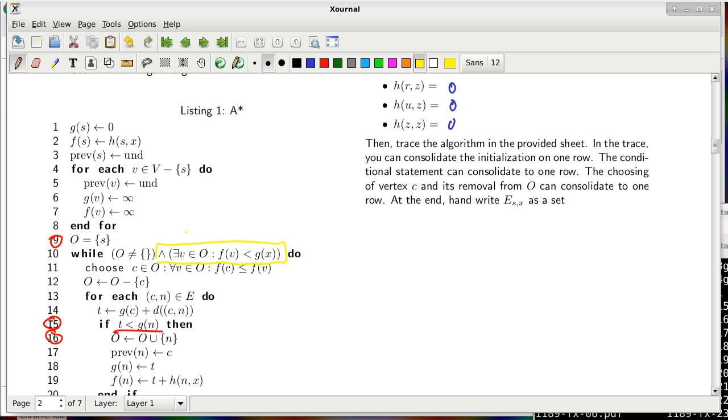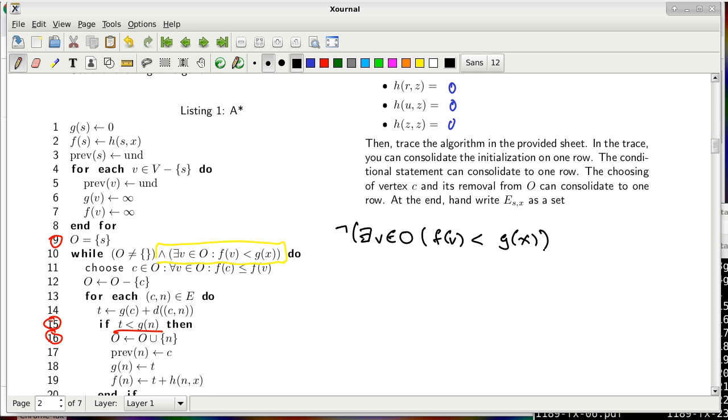So now we have to ask a question. What does it mean when this condition is false? Let's just work on the Boolean algebra part and ask what it means when we say it is not true that there exists V in O such that f of V is less than g of x.